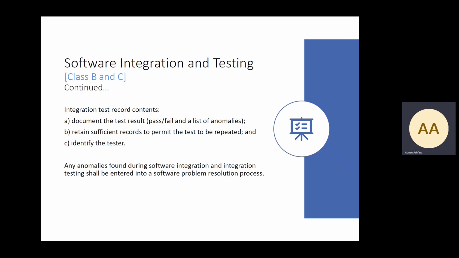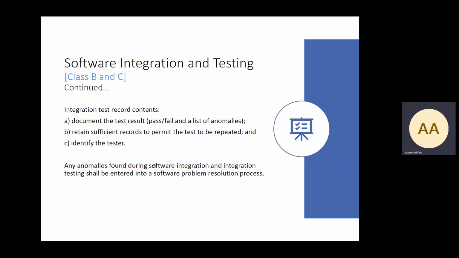The integration test record content should have the test result, pass, fail, and also list the anomalies if there are any. And you should also possibly even rate the anomalies, possibly in terms of risk. Retain sufficient records to permit the test to be repeated, and of course identify the tester, which is only good document practice.